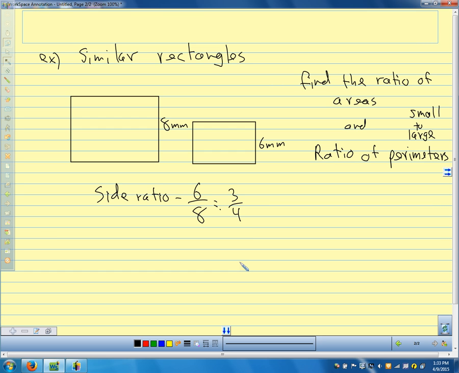Well, what we just talked about was that if we know the side ratio, to get the area ratio, we just square this. 3 squared over 4 squared. We get 9/16.